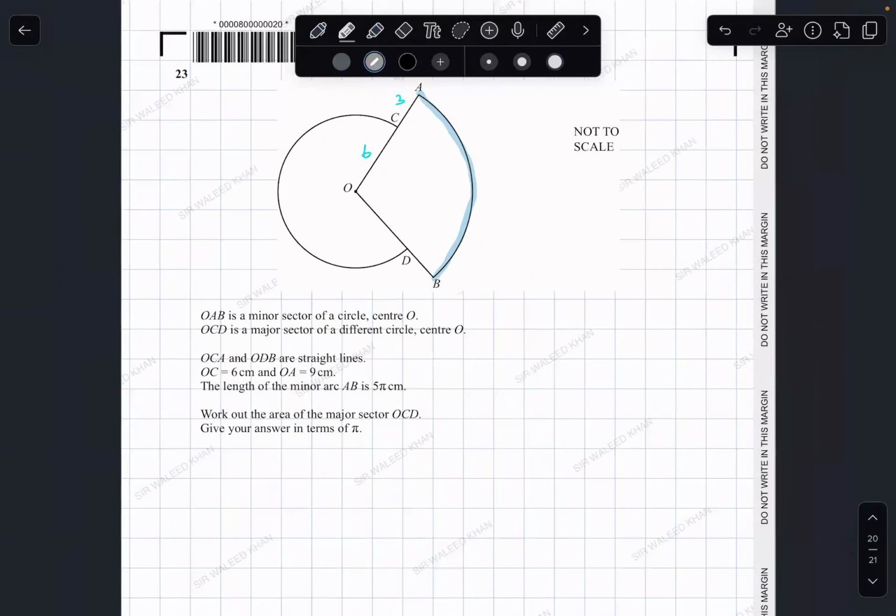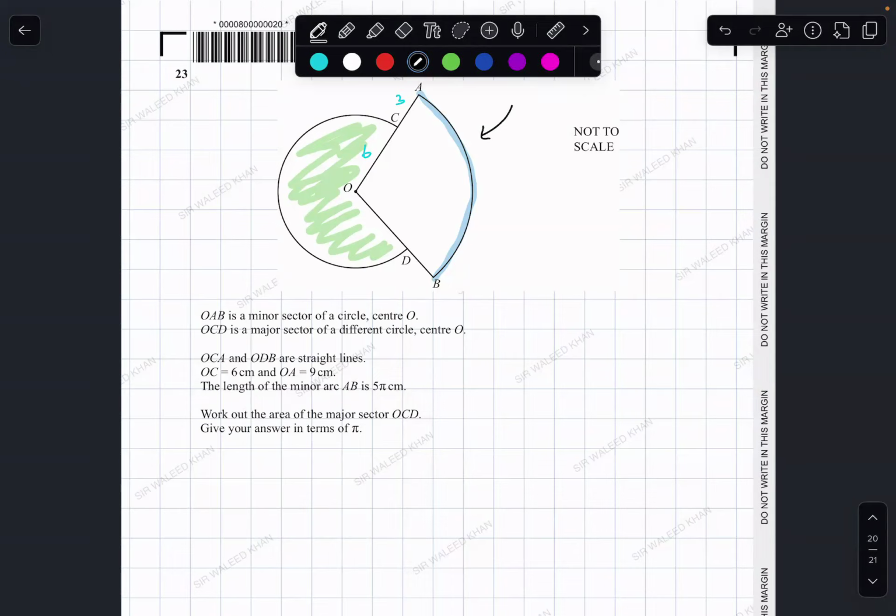So I am concerned about the area of this whole. We have to figure that out. How do we do that? If I can figure out the angle, because they have given us the arc, using this sector OAB, I can figure out the angle.